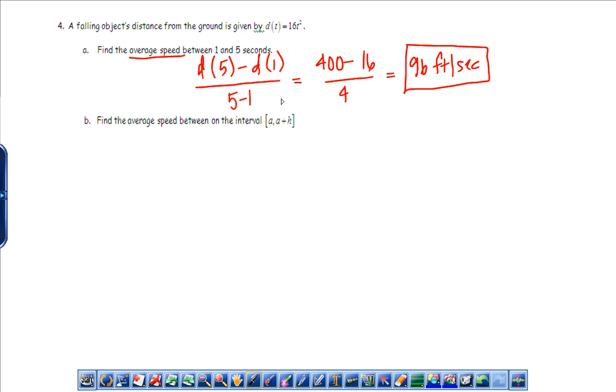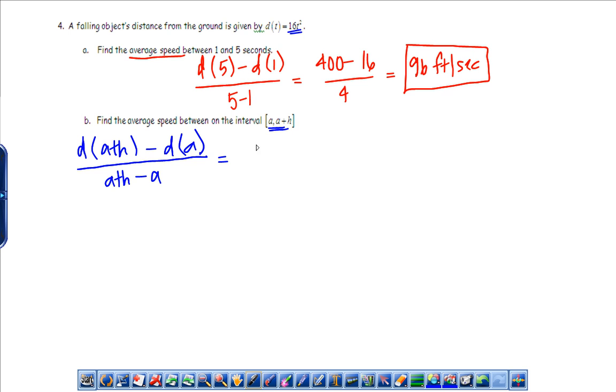Now let's continue and see what happens when we just use a and a plus h. So we've got d of a plus h, minus d of a, over a plus h minus a.